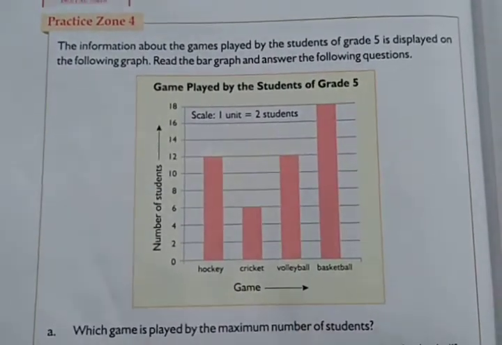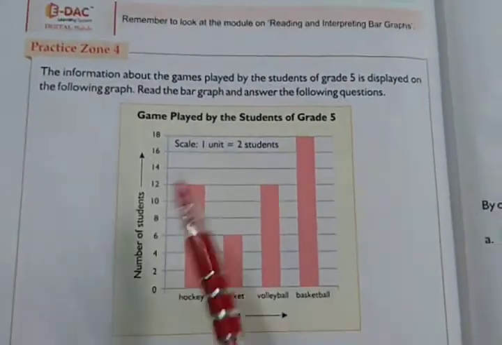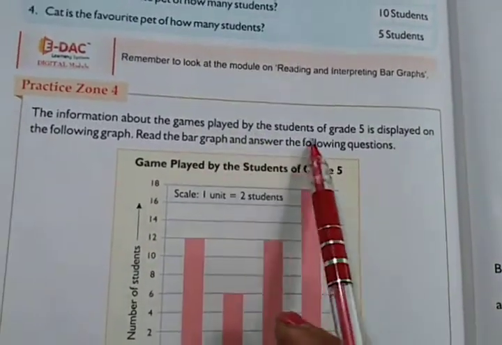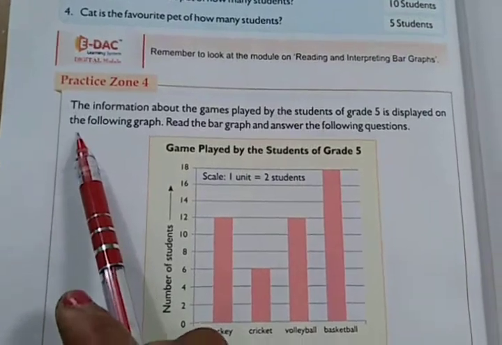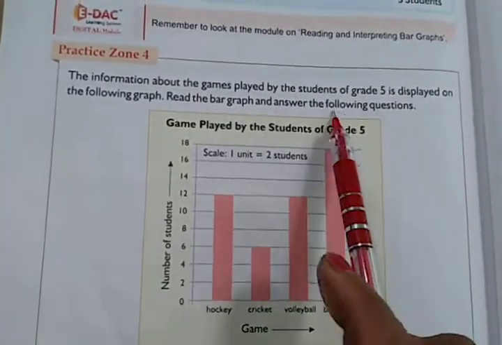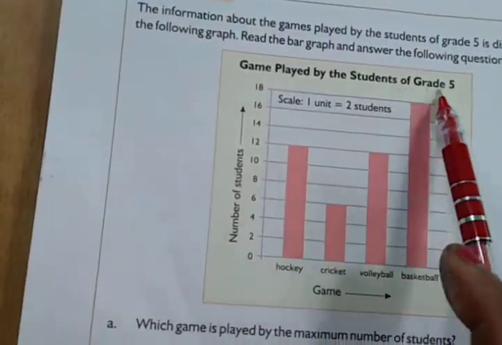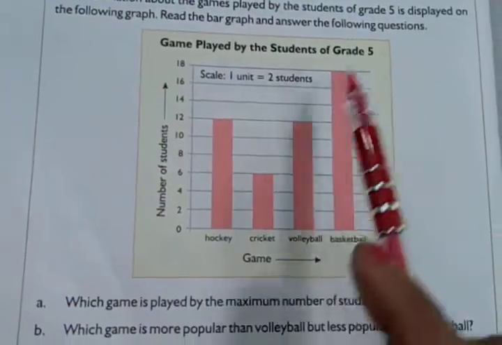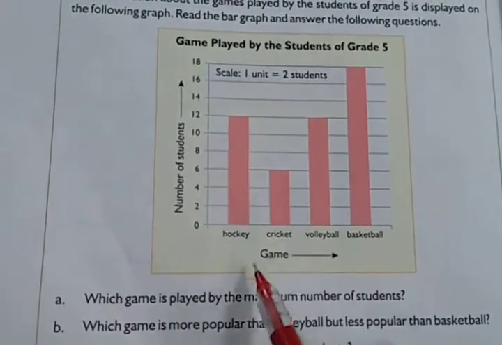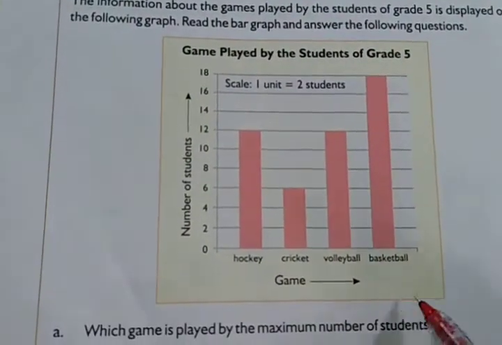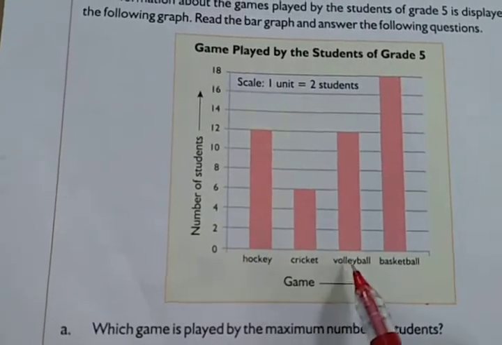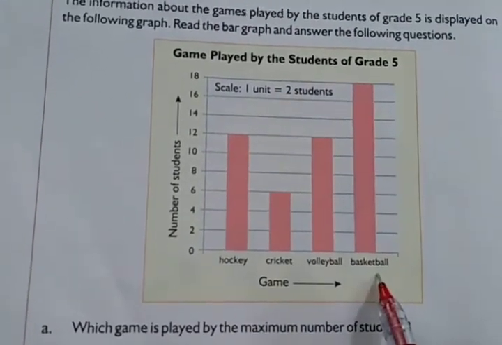Then comes practice zone 4. The information about the games played by the students of grade 5 is displayed on the following graph. Read the bar graph and answer the following questions. Games played by students of grade 5 means class 5. Here games are on the horizontal axis: hockey, cricket, volleyball, basketball.